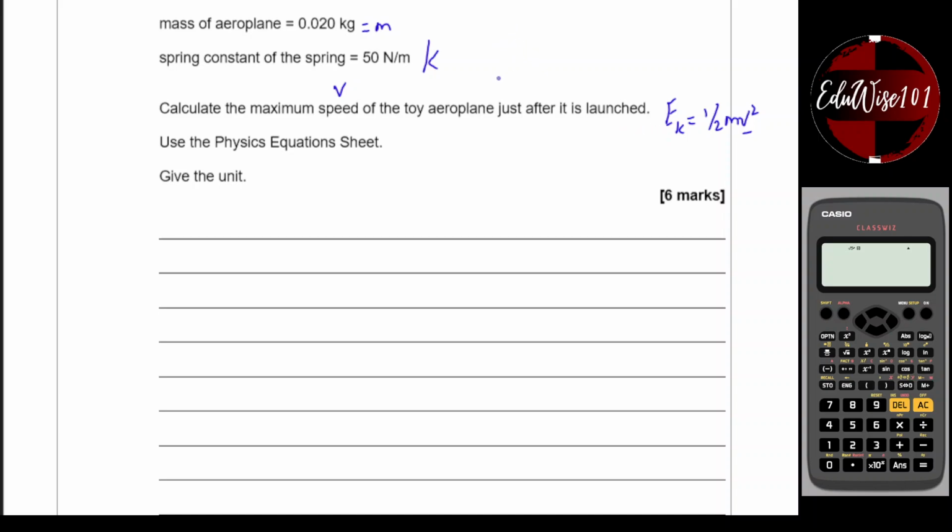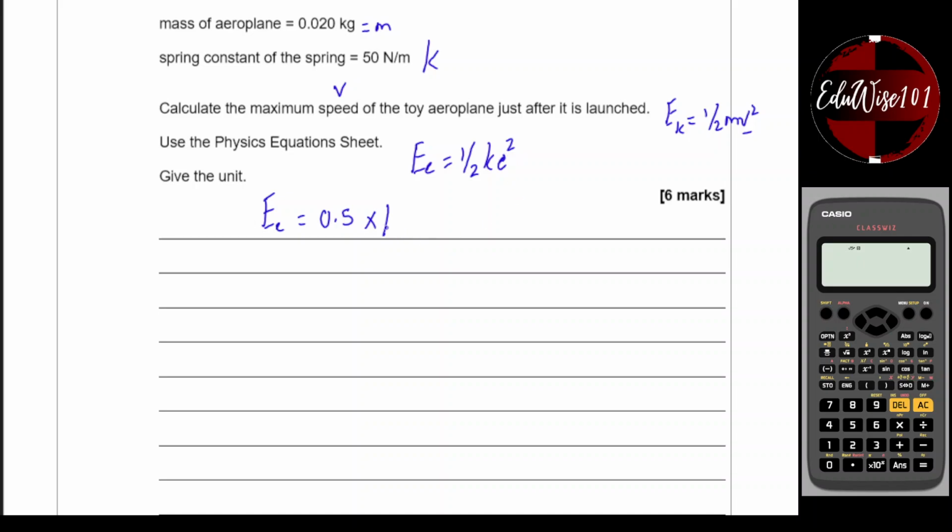So the equation for elastic potential energy, E, is 0.5. It would read as half in the equation sheet, but I'm going to write it as 0.5 times the, let me write the original equation, E equals half ke squared.